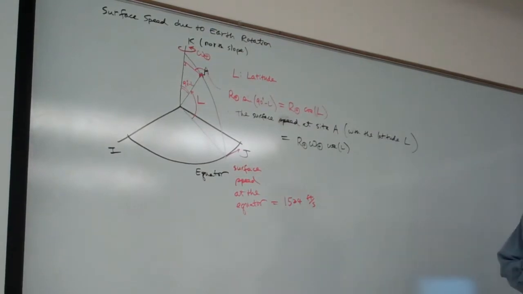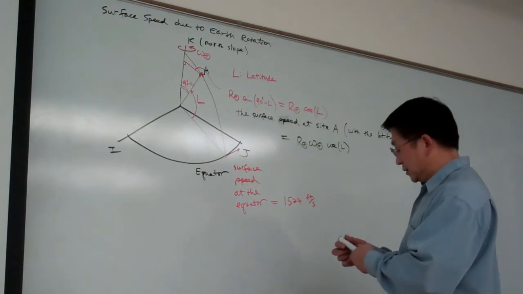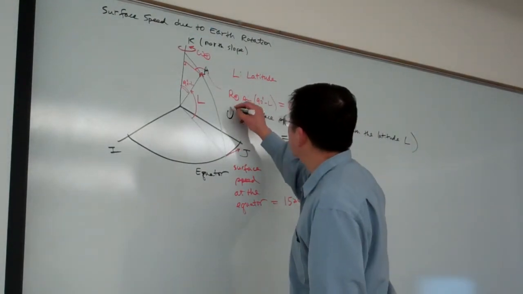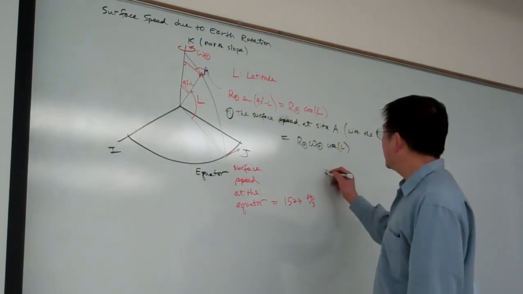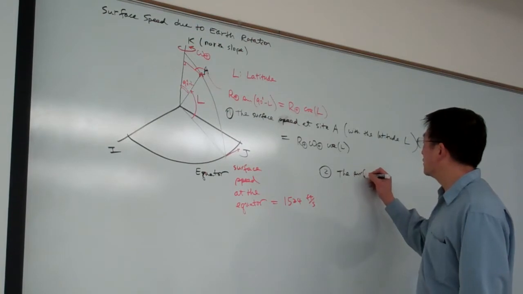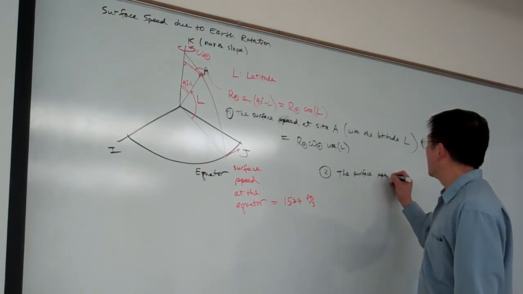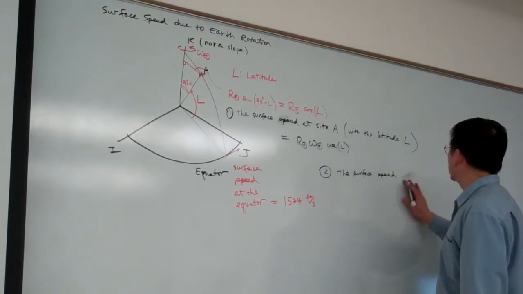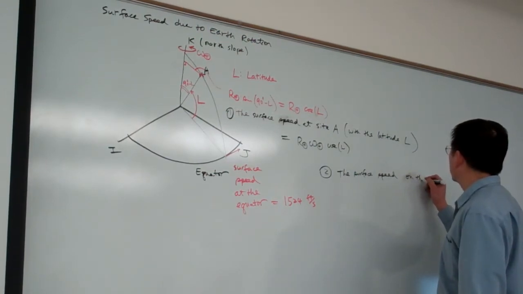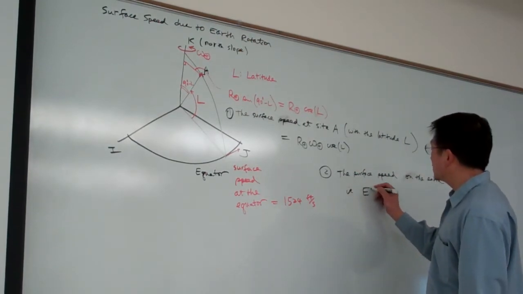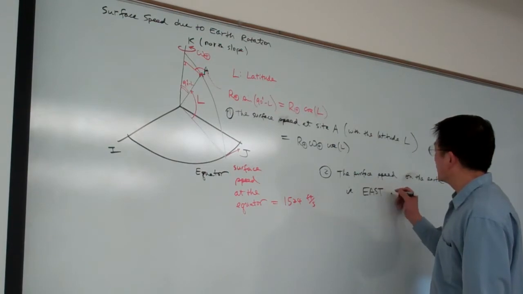And the second note I want to give you is that the surface speed at Earth is eastbound, eastward.